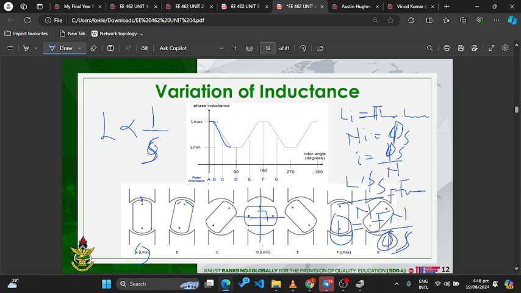So at the point where you have 90 degrees, at this point you still have minimum inductance. Okay, then at position 180 degrees, that is this place, you still go back to maximum reluctance, because you've come back to a minimum reluctance. I hope this makes sense.